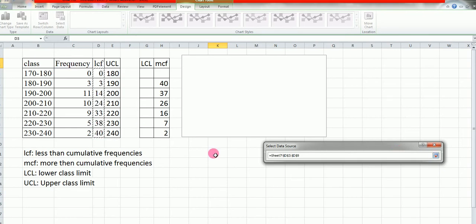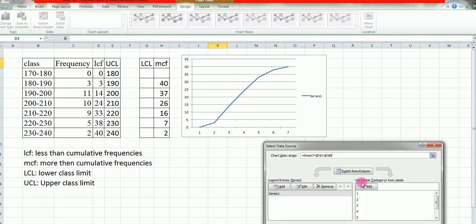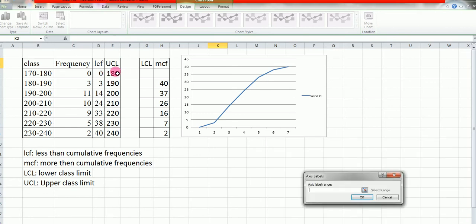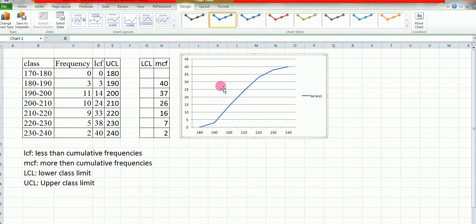So I have selected less than cumulative frequency range, and in horizontal axis labels, by default we are getting 1 2 3 4 labels. Here we want upper limits. Edit this and select the range of upper class limits. Press OK. The resulting graph is less than cumulative frequency curve.